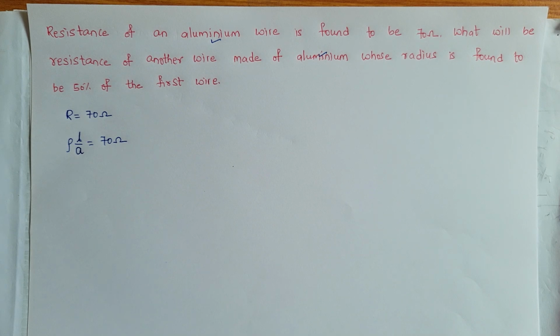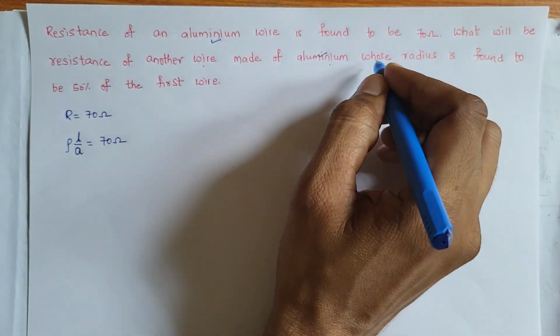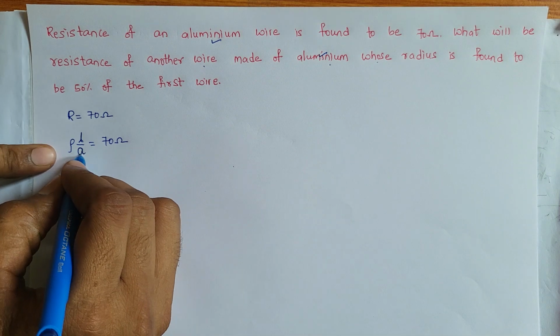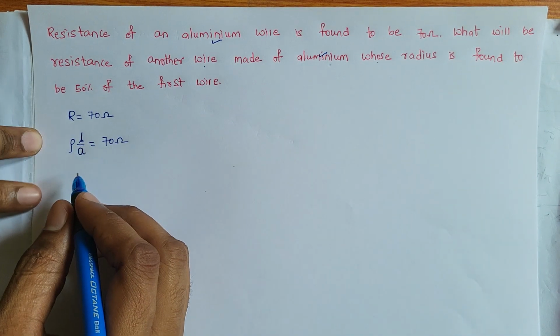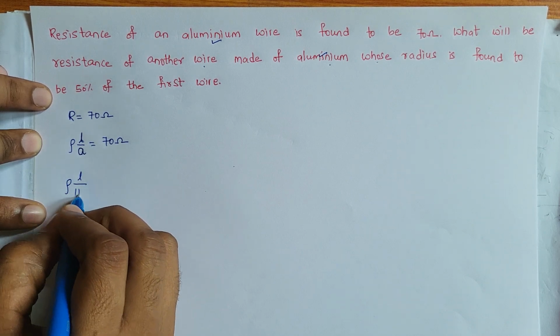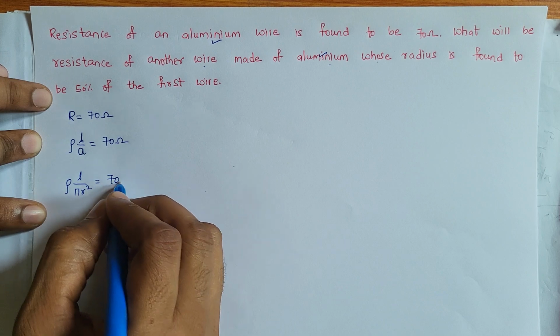Okay na? So now what is the resistance of another wire made of aluminum whose radius is found to be 50% of the first wire? If there is an area, there will be some radius. Correct? What is the formula for area? Rho L divided by pi r square is equal to 70 ohm.